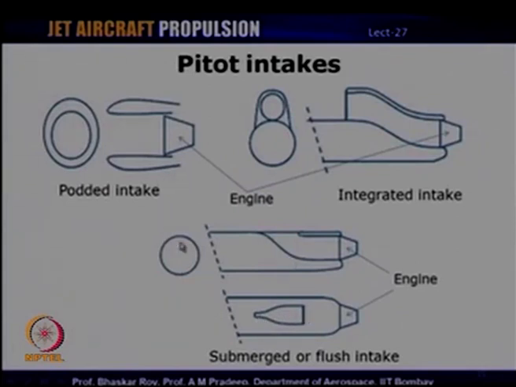So, as you can see from the side view, you do not see any protrusion from the fuselage, which is not the case in either of these cases, where the intake is very much visible. The main advantage of this type of intake is that if the missile, for example, is launched from a canister, then it is necessary that nothing is protruding out of the fuselage itself.